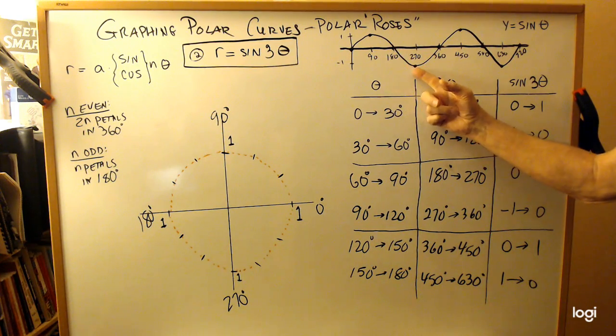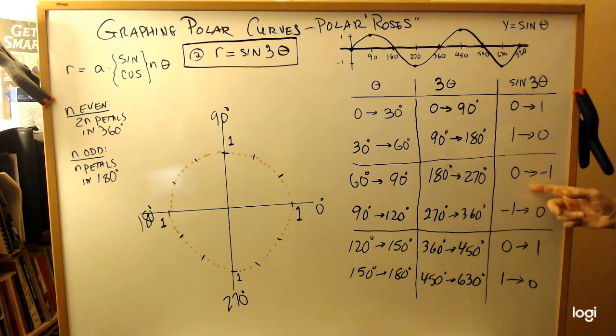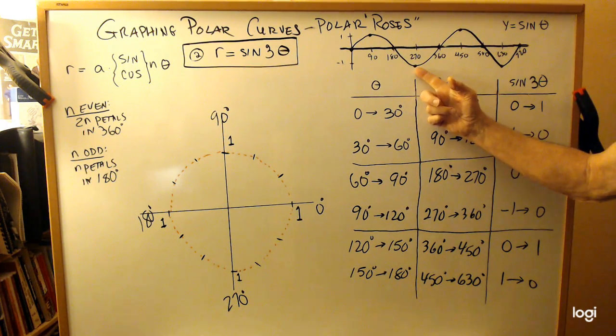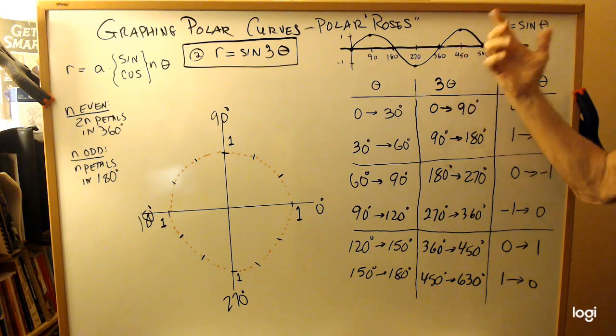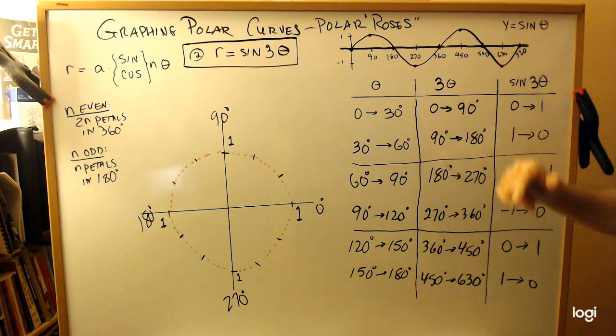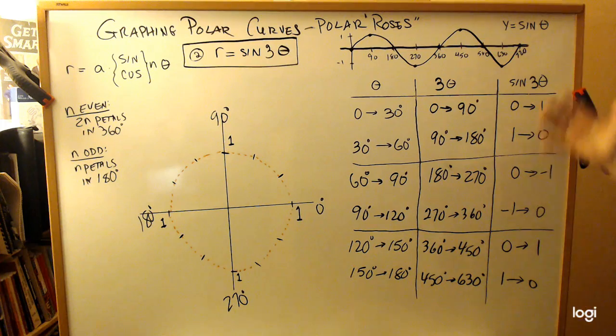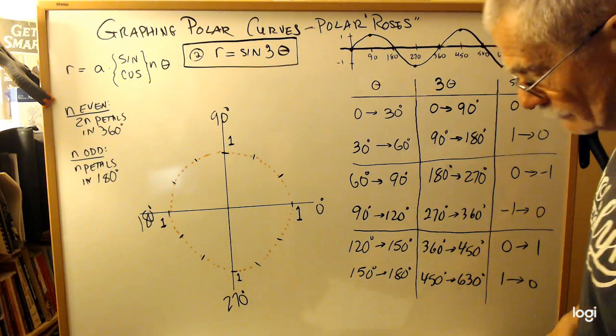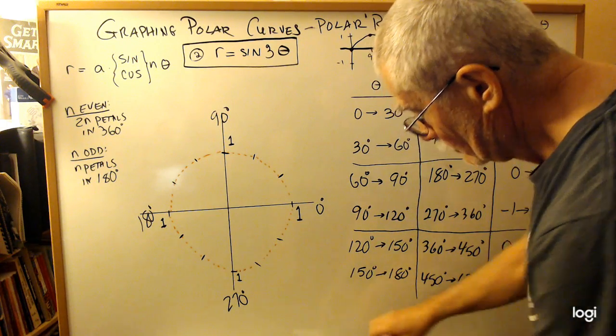From 180 to 270, the height goes from 0 to -1. So it's going through negative values, and we're going to see that flip. When it goes from 270 to 360, again, it's increasing, but it's still going through negative values. So we'll see the flip. This is our chart. Okay, so let's use that to make a sketch.